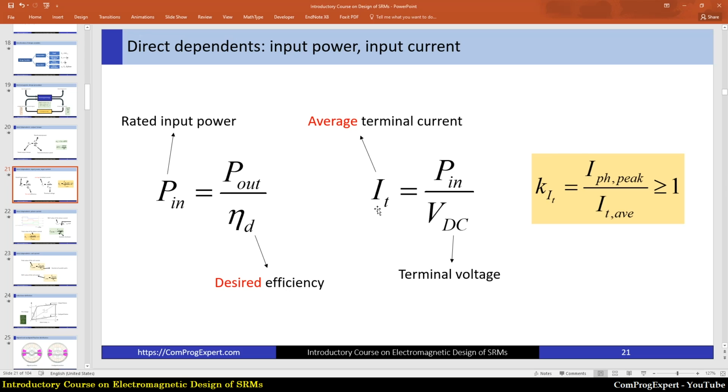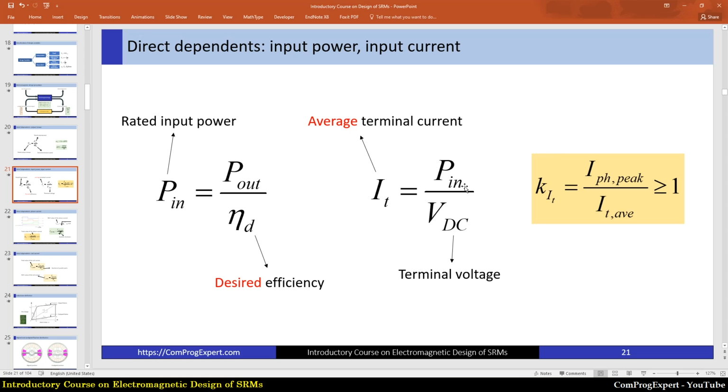And the next variable is the average terminal current, right? When we have the input power and also we have the terminal voltage, the input power is equal to the terminal voltage, or DC link voltage, times the average value of terminal current.